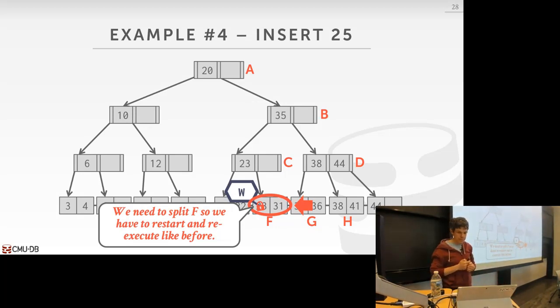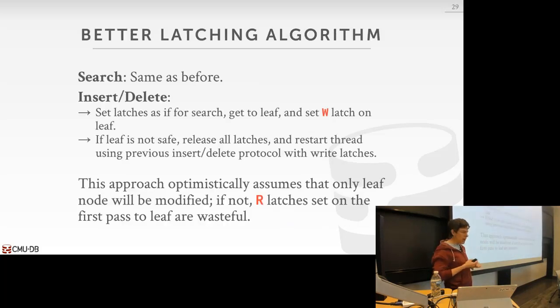Okay. So again, this is just to reiterate what we've already talked about. For search with the better latching algorithm, it's the same as before. Insert, delete: again, you take read latches on the way down. If it fails, then you just come back and restart. Again, this is what I was saying before, that we're assuming most of the time taking the read latches on the way down is going to be good enough.